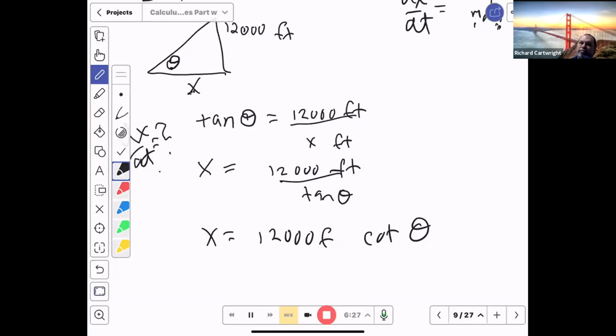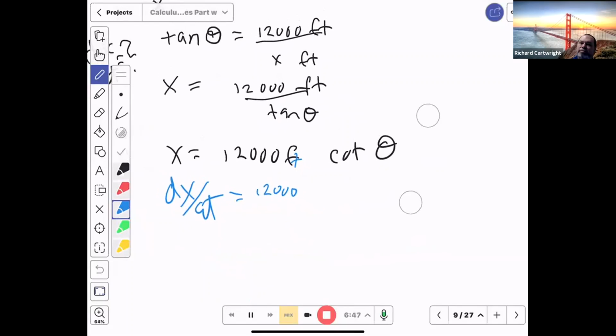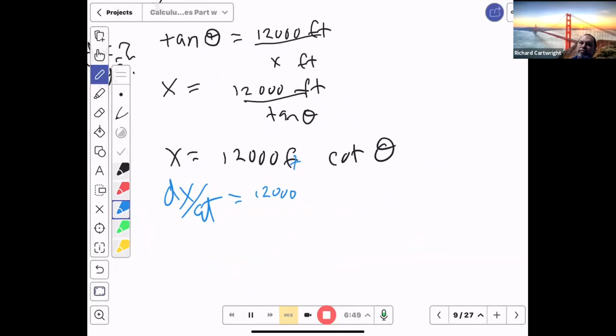I'm going to try. Do the calculus on both sides with respect to time. Equals the calculus of 12,000, whether it's feet or miles or whatever, is still 12,000 because it's a constant. And the derivative of cotangent, that's the hard part. What's the derivative of cotangent?